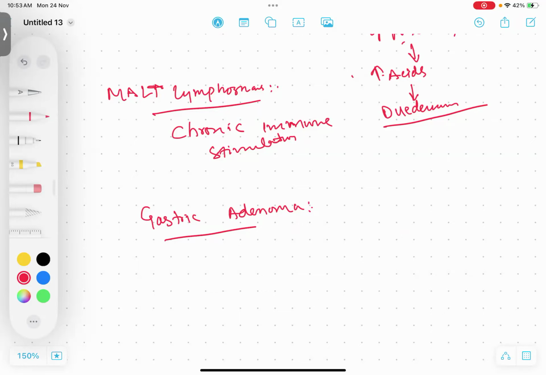All right. So there are a number of causes of gastric adenocarcinoma, right? So who is going to tell me the important causes of gastric adenocarcinoma? Gastric ulcer. Yeah, gastric ulcer, for example, caused by this H. pylori, right?